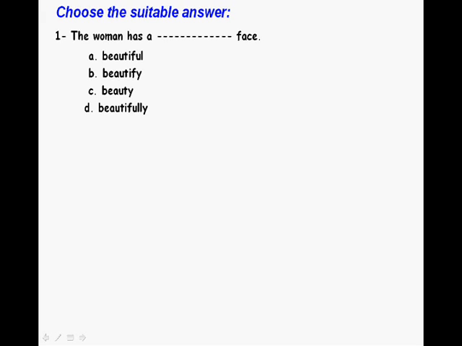Is it A, beautiful, B, beautify, C, beauty, or D, beautifully? Look at the suffixes. You will know definitely which one is the adjective. Excellent. Beautiful. This is the adjective. And so we use the adjective beautiful before the noun face.